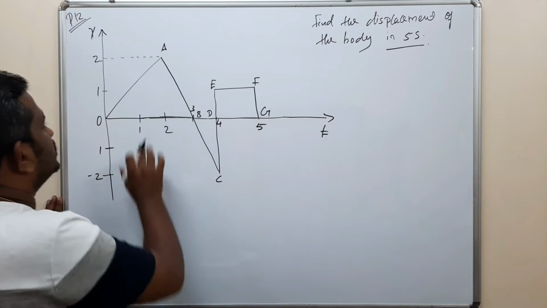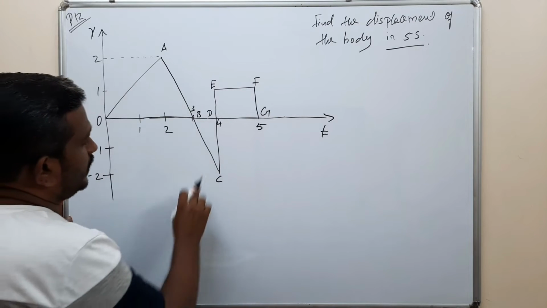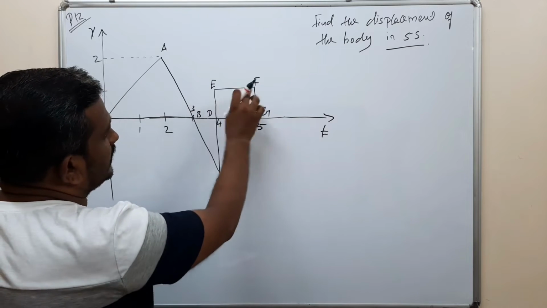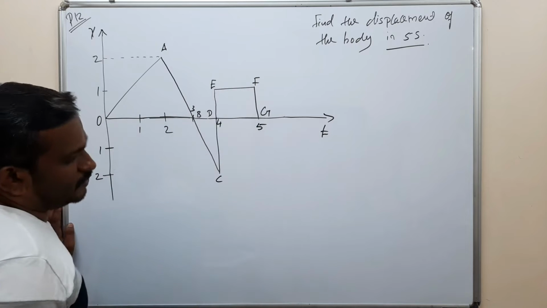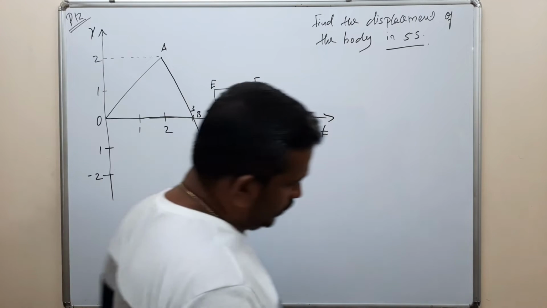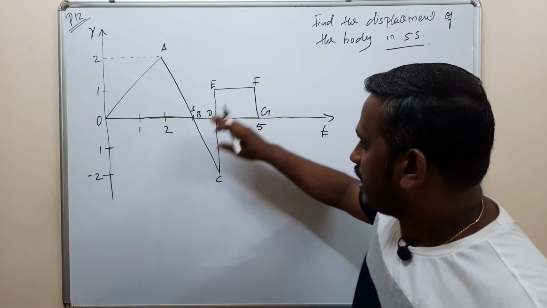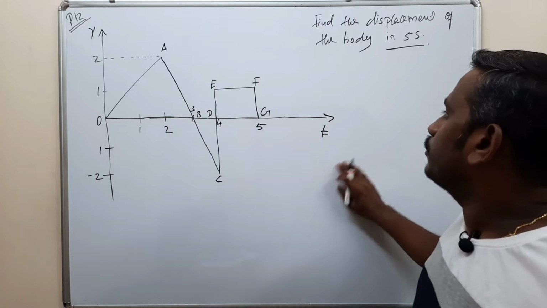So 5 seconds means the area under the triangle OAB, the triangle BCD, and the rectangle DEFG. The total area under these triangles and this rectangle will give the displacement traveled by the body.